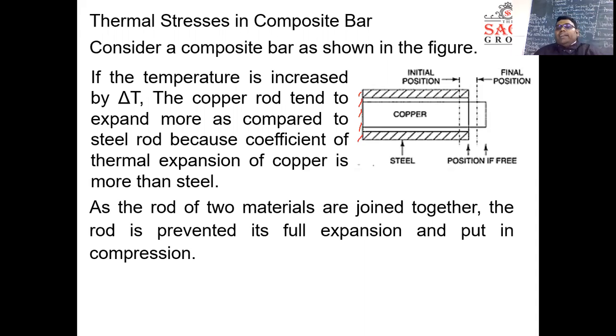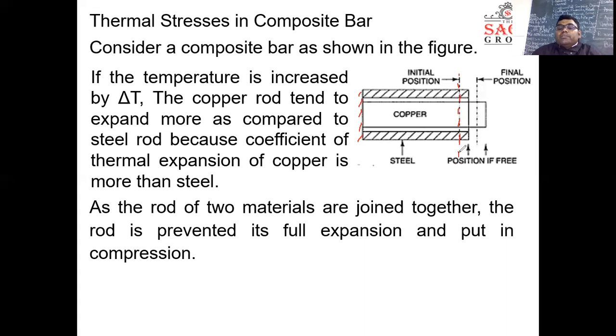So let's understand this diagram. To understand it, there are certain steps. Initially, the initial position means when there is no increase in temperature. So this is the initial condition of the bar.